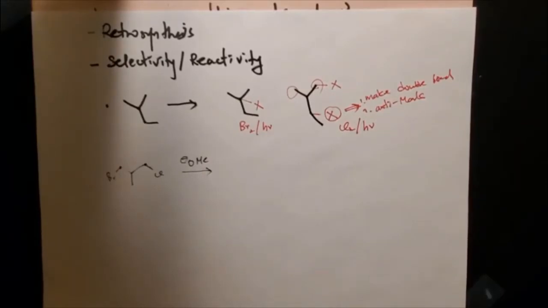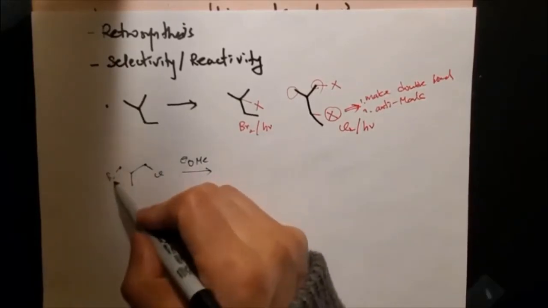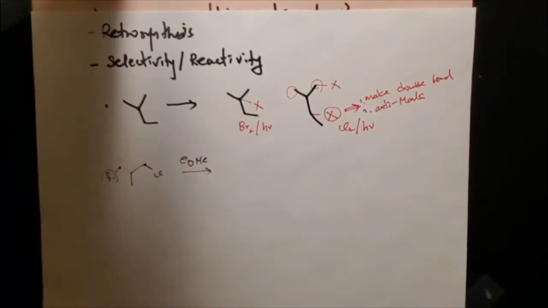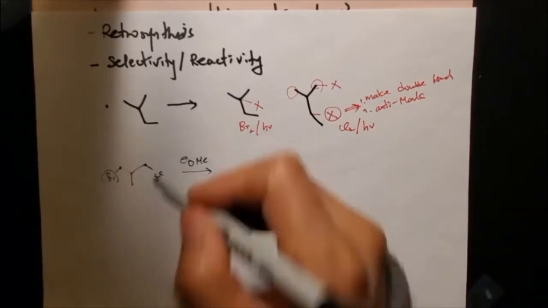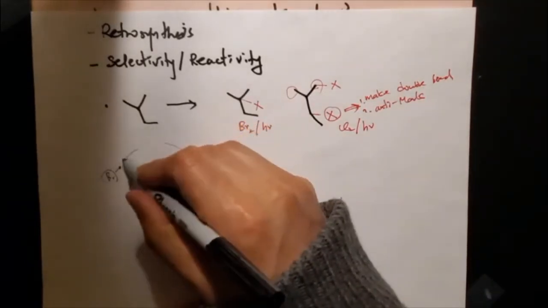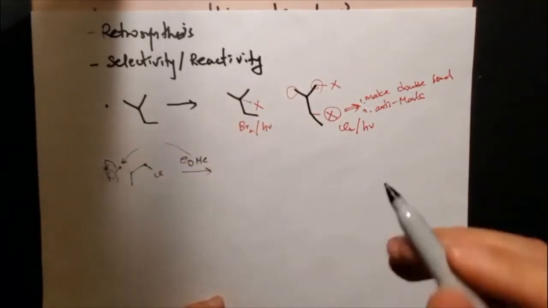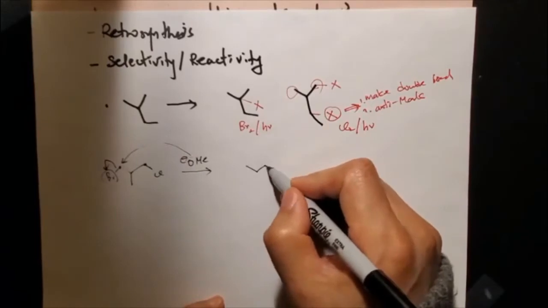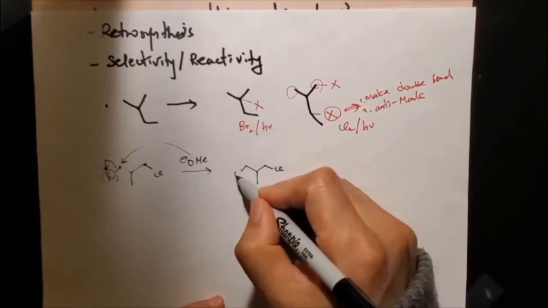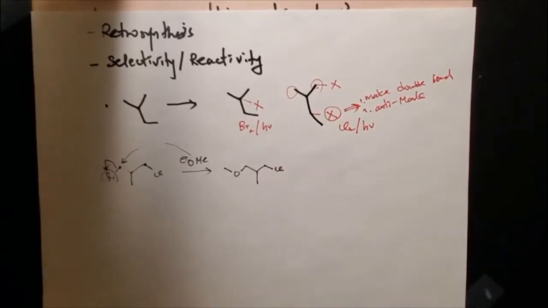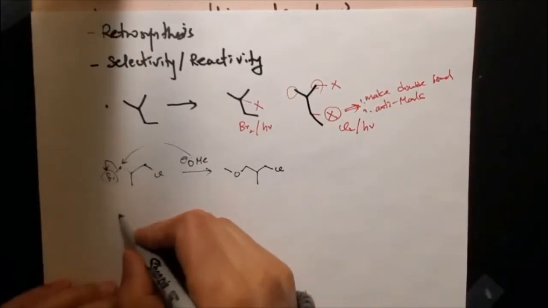Then the selectivity goes by the better leaving group, right? Because the leaving group is the product that needs to be more stable, and the bromide ion is more stable than the chloride ion. So you end up attacking there more frequently, and then you get this product. So that's the chemoselectivity you need to know.